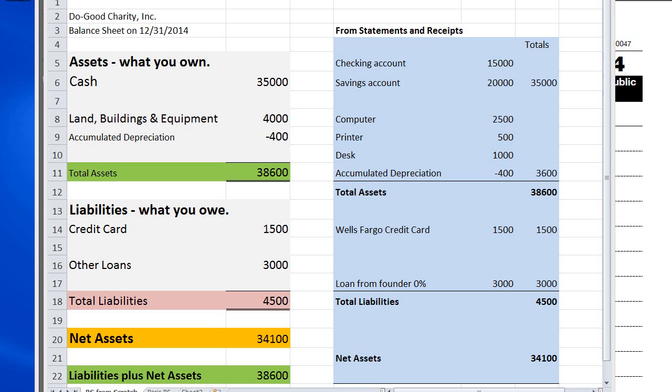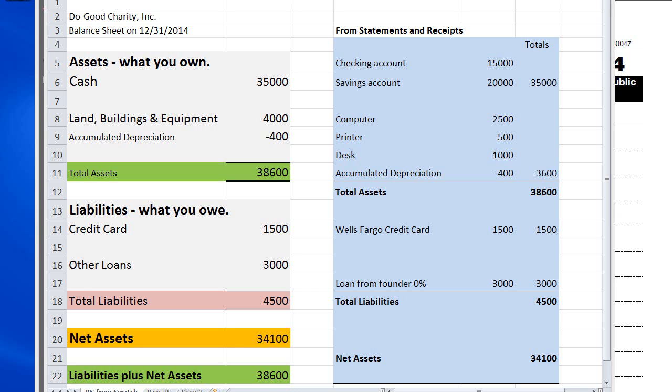The only thing that goes on the charity's balance sheet are items which actually belong to the charity. Okay? So, for instance, if the computer and the printer belonged to an officer or director who was just allowing the charity to use it, then those items would not go on the balance sheet. Okay, because they still actually belong to a person, not to the organization.